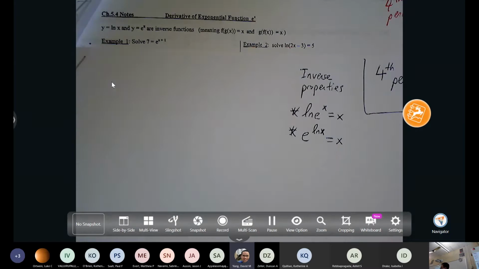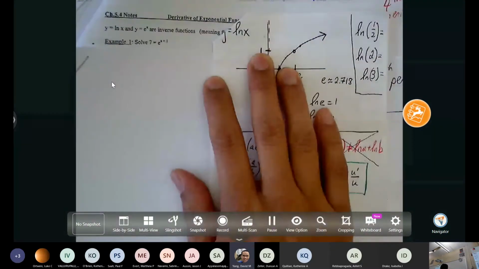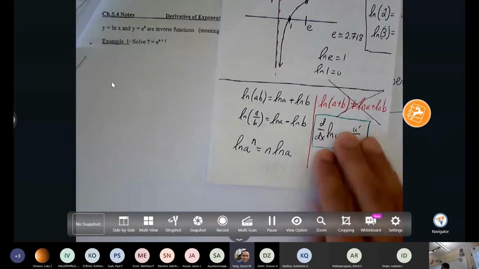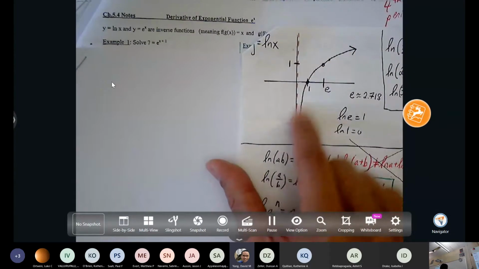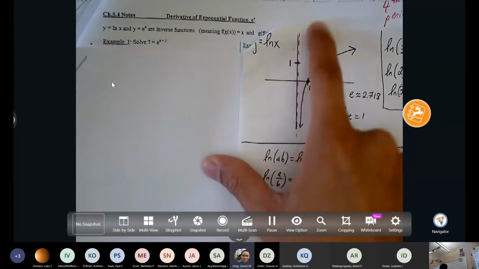So these last few days, we've been learning about natural log. We learned about what the graph of natural log looks like. We learned about properties to expand. We learned about the derivative rule. And today, we're talking about the inverse function of natural log, which is the exponential function e to the x.